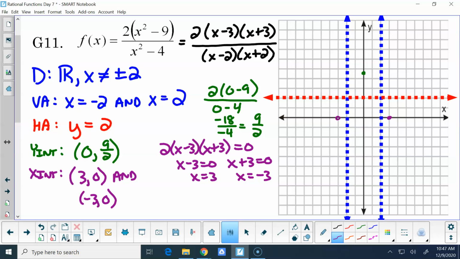So let's find some points here then. So let's go up here. We already got that, so then let's go negative 10. 100 minus 9 is 91, times 2 is 182. 100 minus 4 is 96.